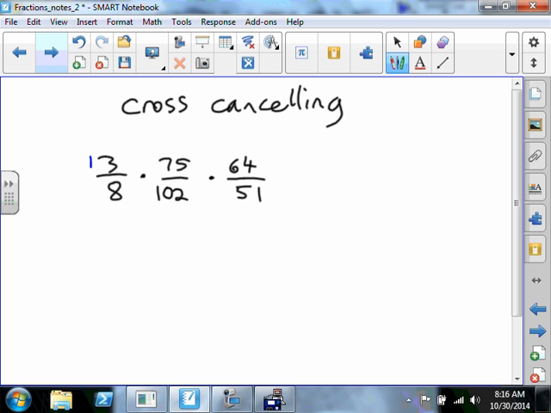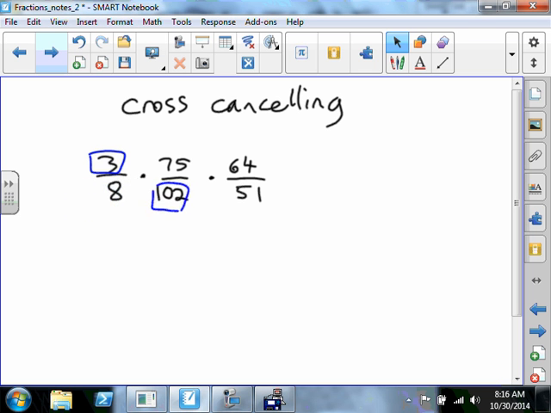So we can look at this 3, it's in the numerator, and see, does that 3 have anything in the denominator that it could cross-cancel with? Can 3 and 8 cross-cancel? 8's not divisible by 3, so 3 and 8 can't cross-cancel.